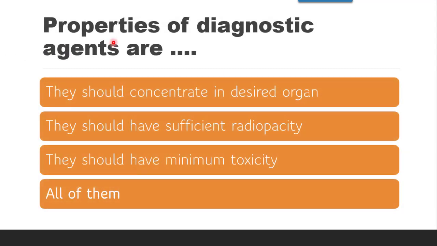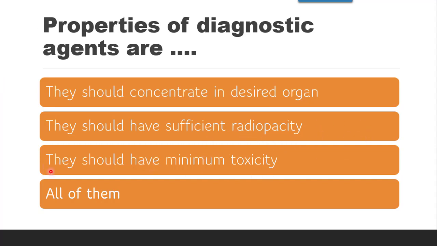Next question is, properties of diagnostic agents are: first, they should have the ability to concentrate in the desired organ for the examination purpose. They should have sufficient radio opacity. Then and only then they can be examined by X-ray examination.